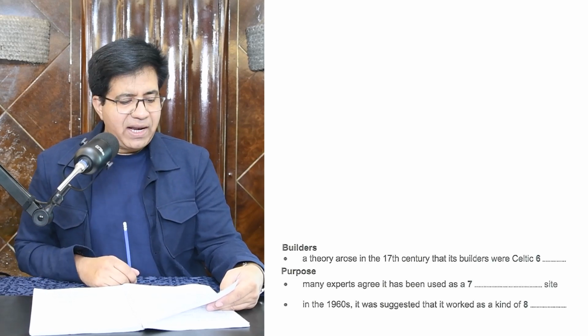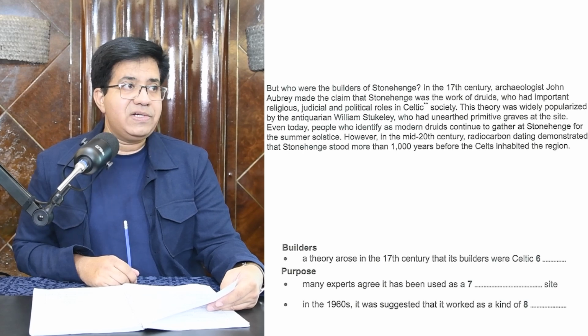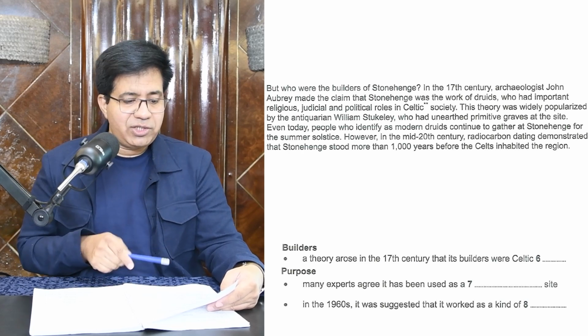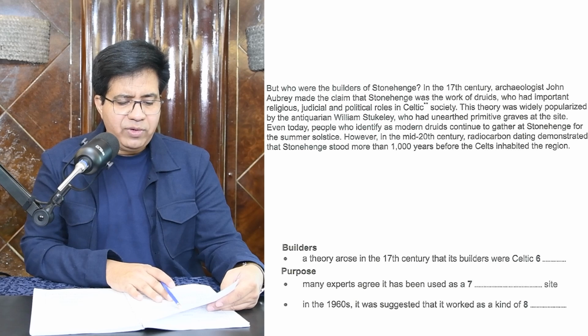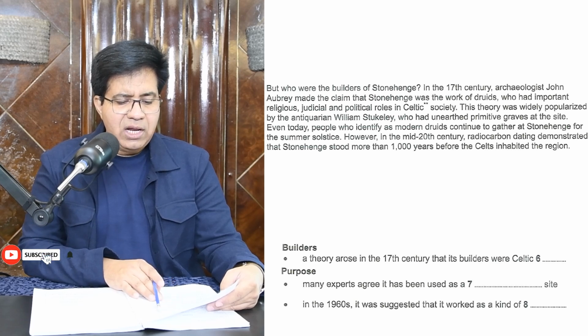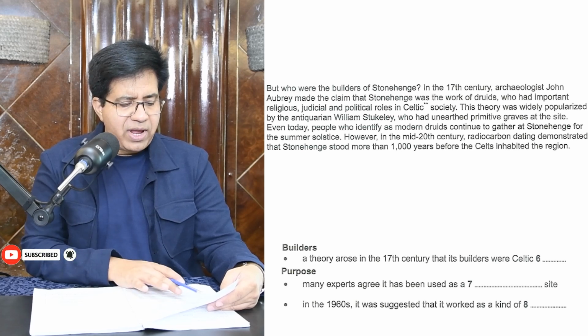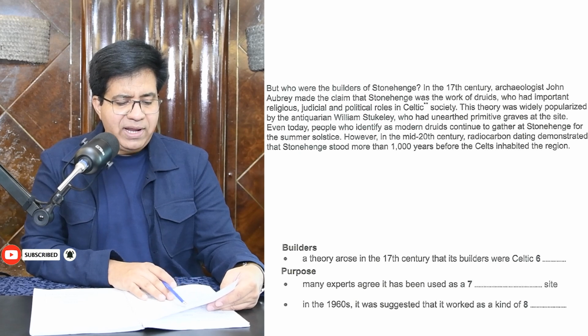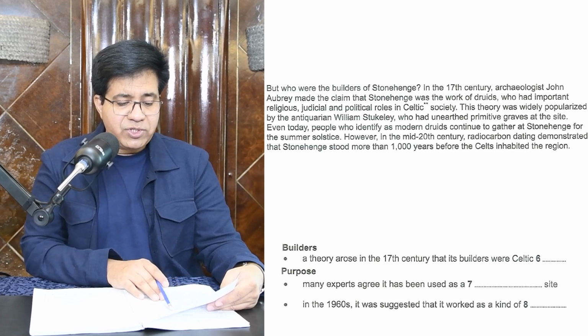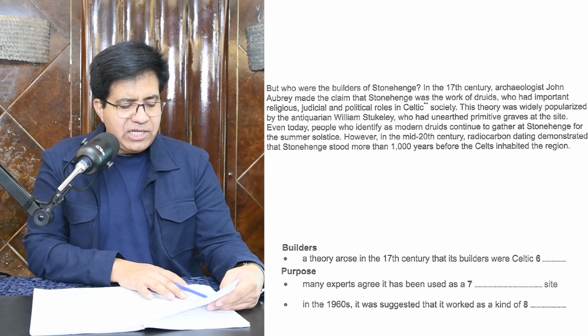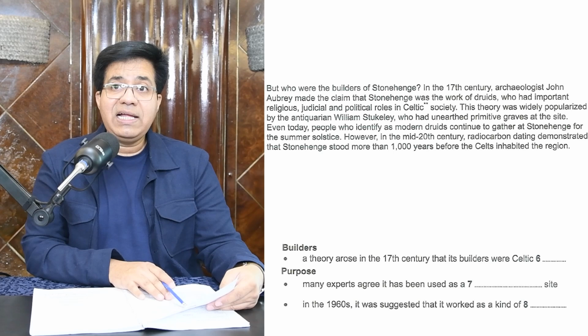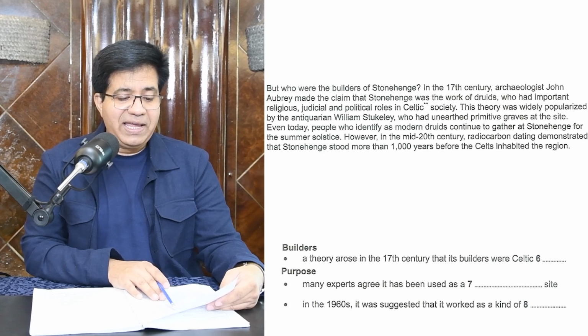Second page, second paragraph, but who were the builders? Now they were Celtic dash. Who were the builders of Stonehenge? In the 17th century, archaeologist John Aubrey made the claim that Stonehenge was the work of Druids who had important religious, judicial and political roles in Celtic. So who were they?